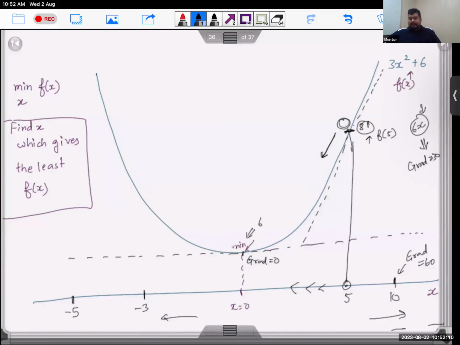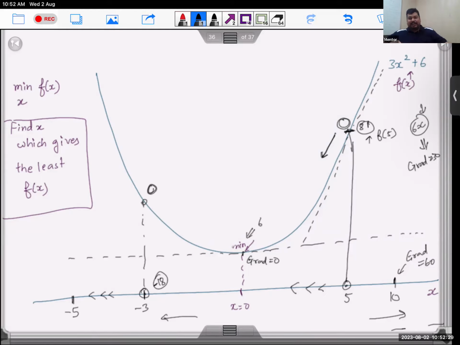Now think of this. If I'm at -3 and the ball is here, what is the gradient right now? -18.